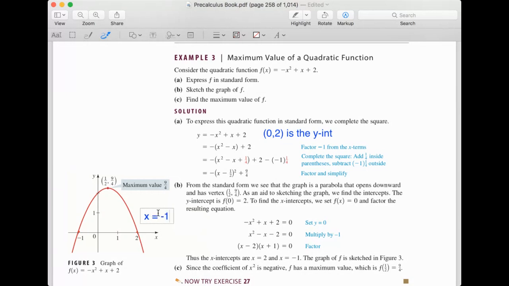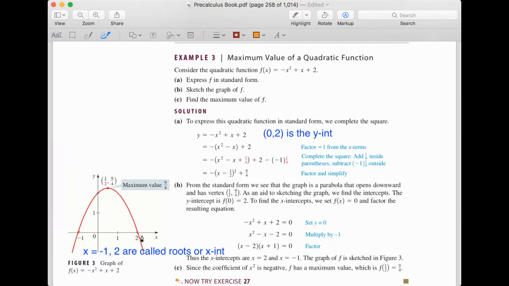X equals -1 and 2 are called roots or x-intercepts. Right? So x equals -1 gives us the y value equals 0. X equals 2, the y value is 0. And it's called roots or x-intercept.